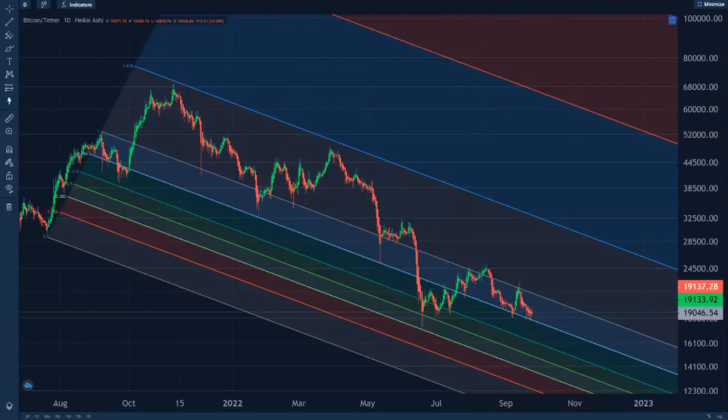Okay, guys, welcome back. Today we're going to be talking about the Fibonacci sequences and what we can learn from that. We're going to compare a few Fibonacci bear market structures and our summer sucker rally Fibonacci structure.